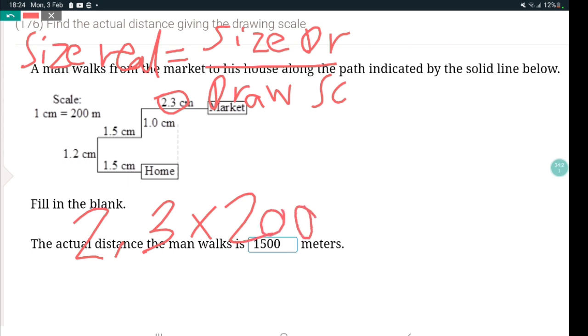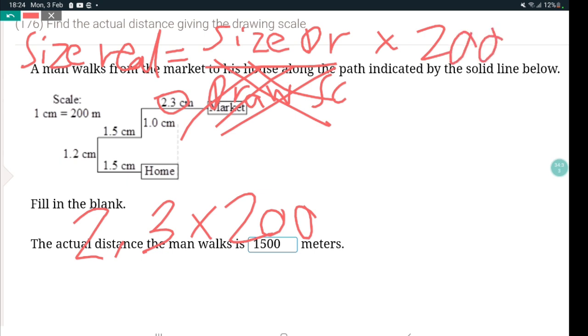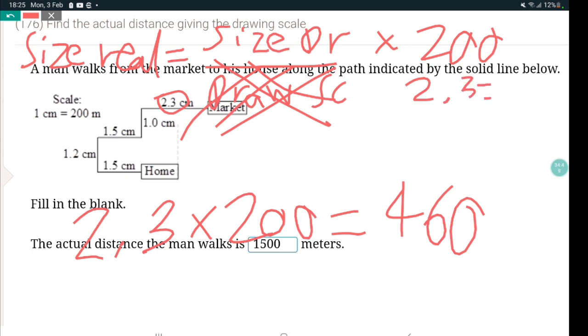So when it says divided by drawing scale, just put times 200. We found this part. This is our rule then, for this question specifically. Okay, so 2.3 times 200 is equal to 460. We found 2.3 centimeters. It's 460.